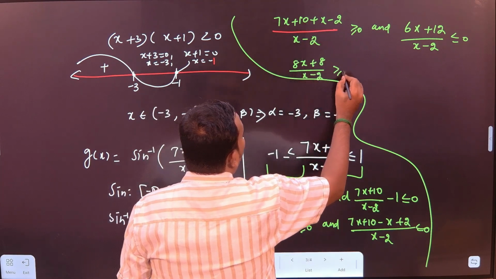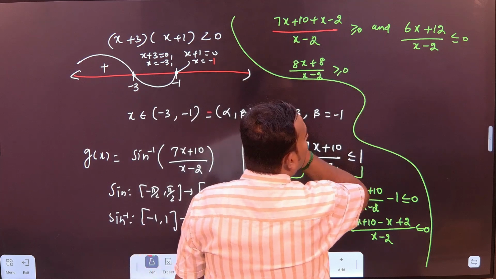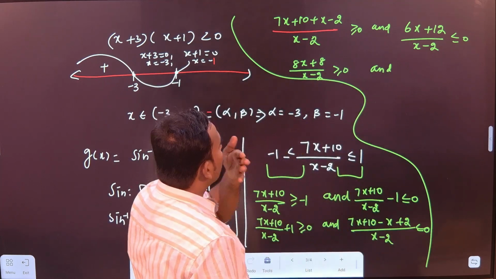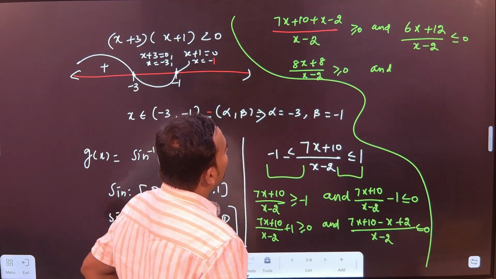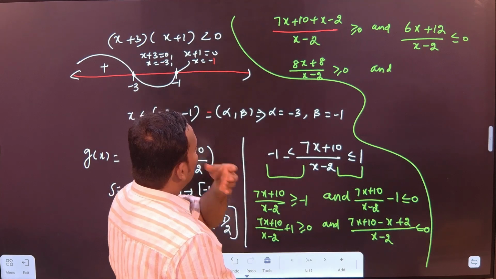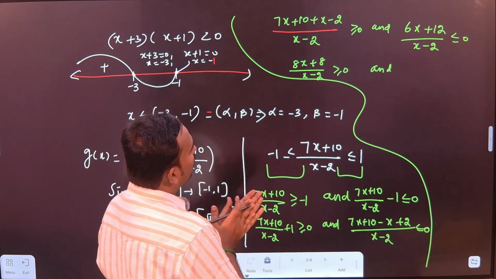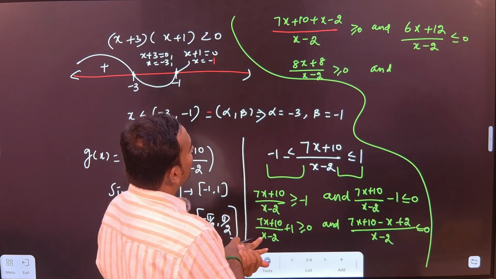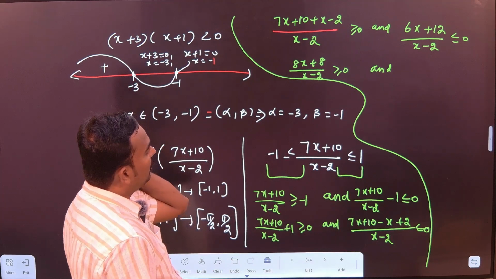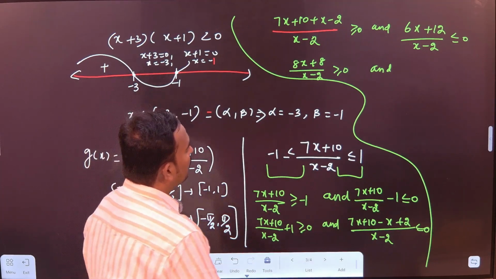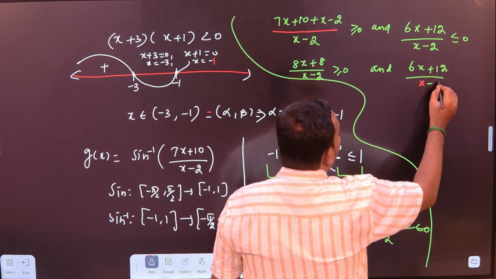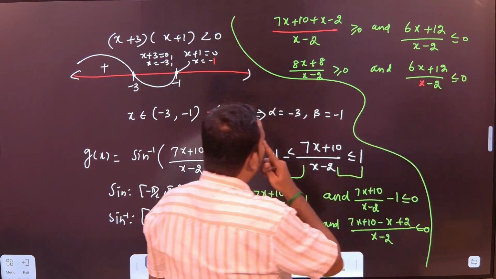x minus 2 is greater than 0, and here you can take x common. You have to factorize otherwise, right? These are all linear factors only, no? You can factorize and find the critical points easily, right? So 6x plus 12 divided by x minus 2 is less than 0.